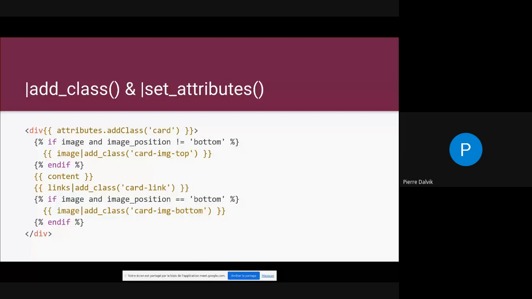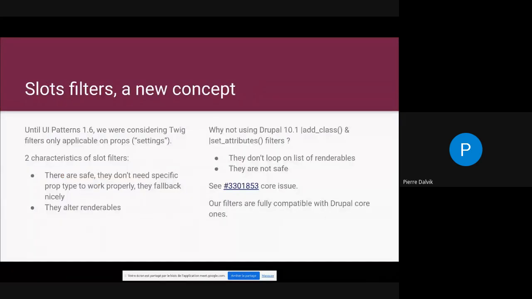So those 2 little filters are huge for us. It's huge because we are introducing a new concept, the slot filters. Until last month, every Twig filter available in Drupal and Twig was only applicable to props, to settings, because they were expecting a specific data type.